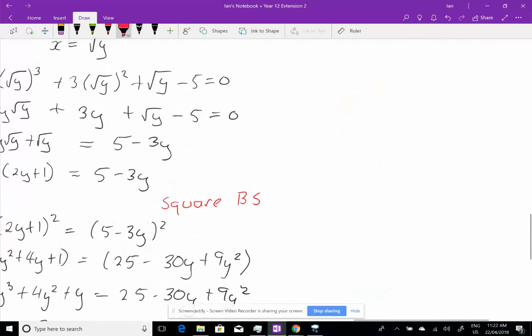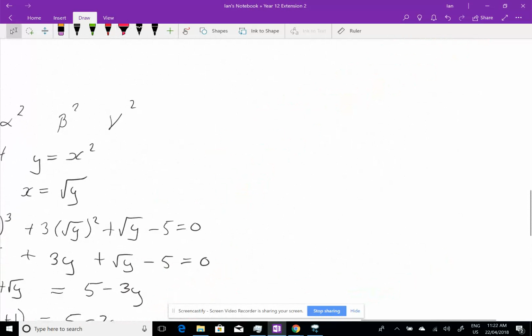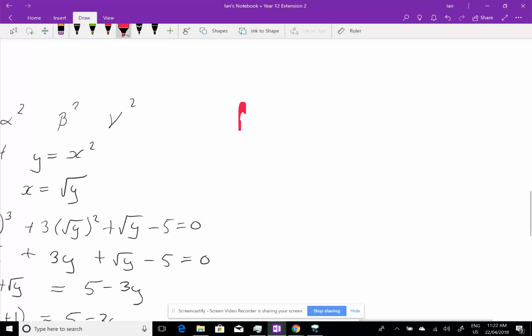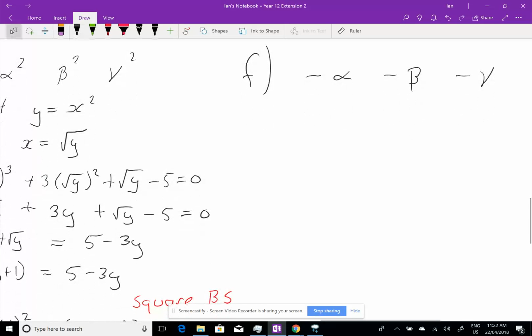And let's go to the final one, F. I want the equation that has the negative roots. Negative alpha, negative beta, negative gamma. All the roots are going to be negated. So this is going to be a lot easier, I would imagine. y equals negative x.